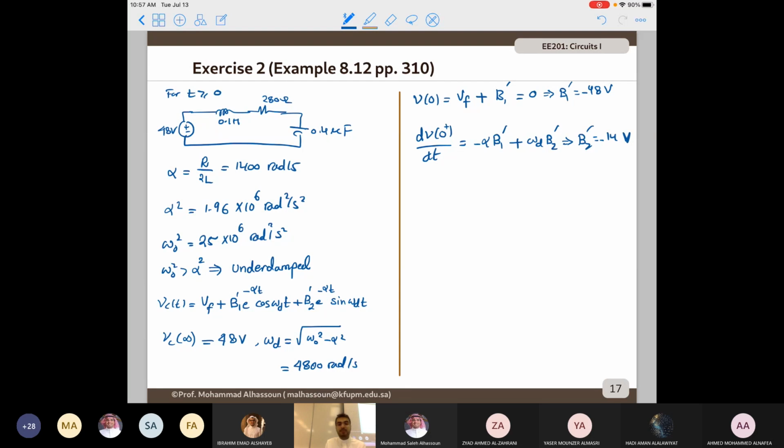Okay, now we found all the variables that we need, or all the coefficients that we need, so we can easily write down the solution.